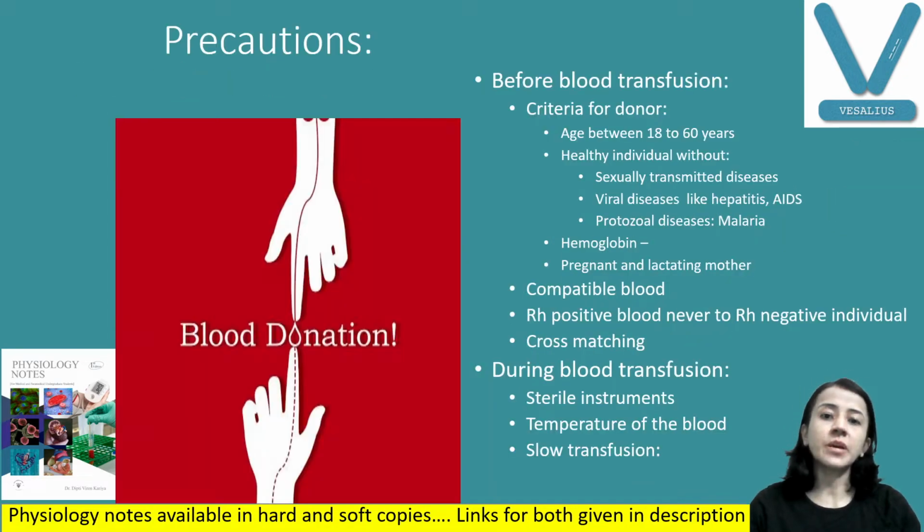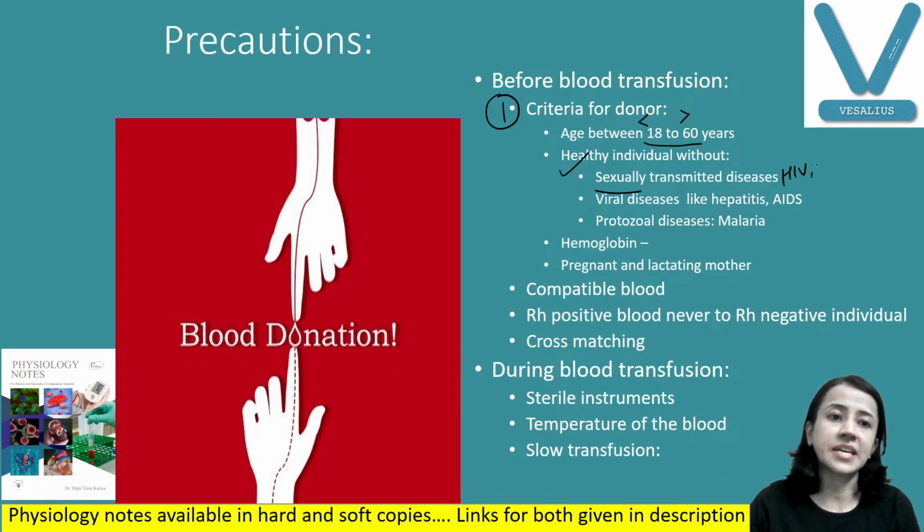Now what are the precautions to be taken before blood transfusion? One is the criteria for the donor, which must be fulfilled before blood transfusion. First and foremost, the age of the donor must be between 18 and 60 years, not less than 18, not more than 60. Healthy individuals are required. They should not have sexually transmitted diseases like HIV, hepatitis, or any viral diseases.